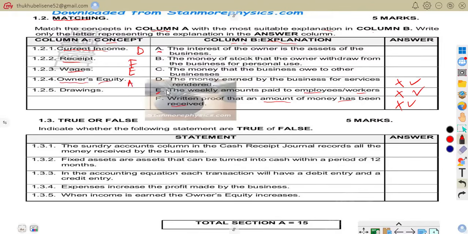I'm saying A because owner's equity is the interest of the owner in the business after liabilities are deducted from assets. So A is the one that matches that. So we are saying A.